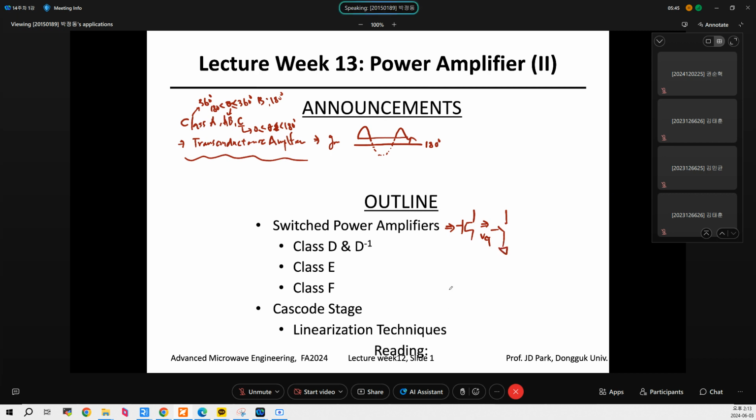So therefore, this switch mode power amplifier naturally doesn't consider the voltage gain. It doesn't have any specific voltage or current gain. It only has a saturated output power.